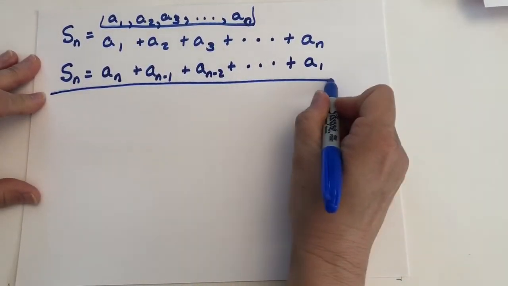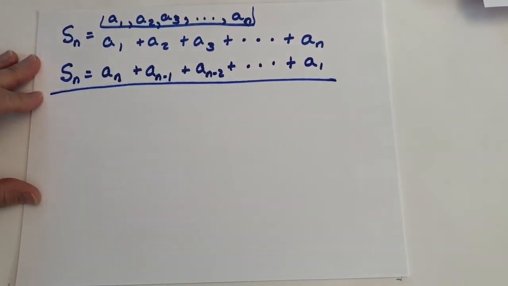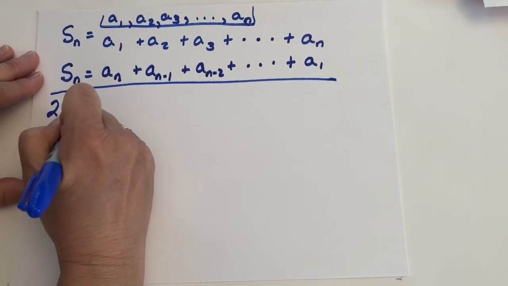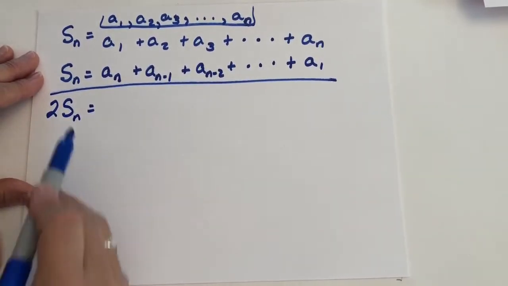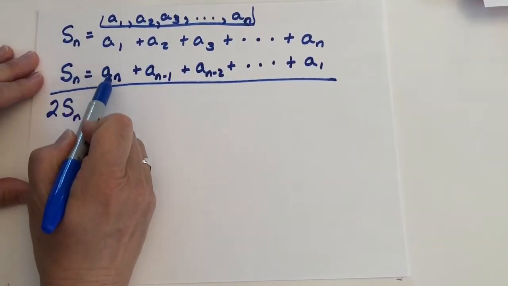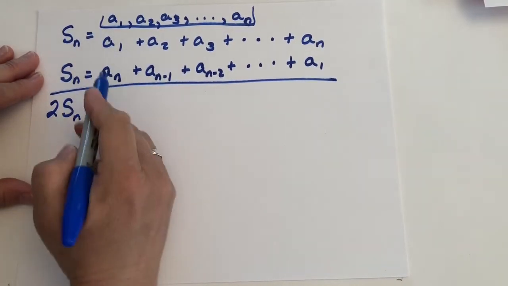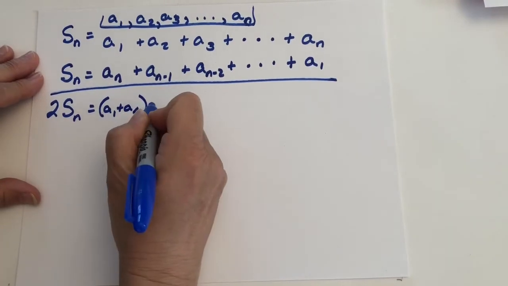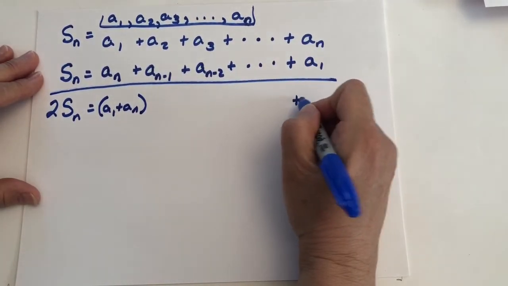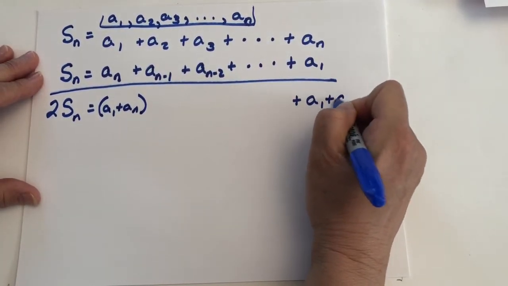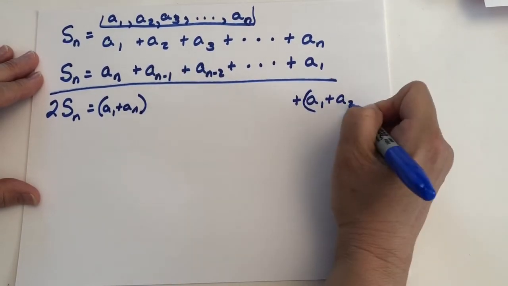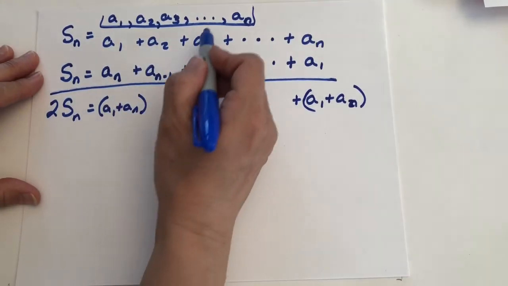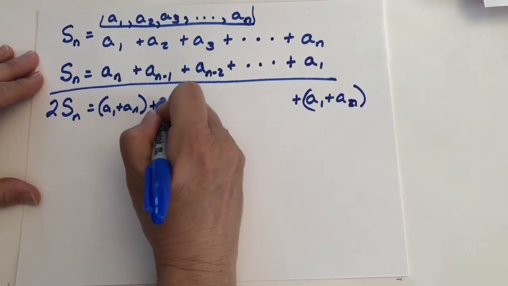And when we add those two equations together, we have 2 times S sub n equals, and look here for the first term, we have a sub 1 plus a sub n. And notice over here, we have a sub 1 plus a sub n. But as with the previous example, all of these will have that same sum as well.